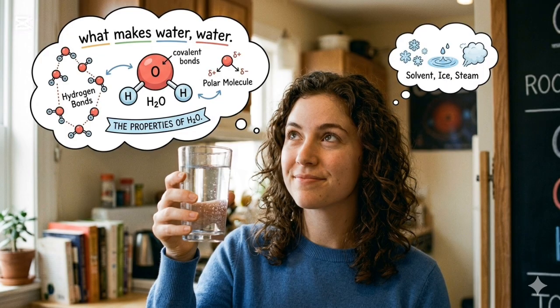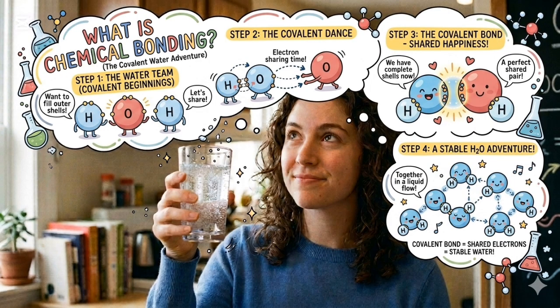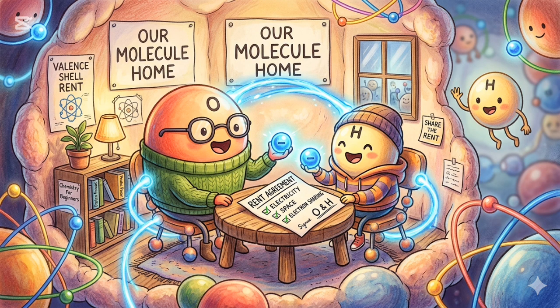Types of molecules we have: water molecules, scientifically called dihydrogen monoxide, and then we have sodium chloride, also known as our table salt, the table salt that you actually know. And then a molecule is formed when two atoms chemically bond together, like tiny roommates agreeing to split a rent.